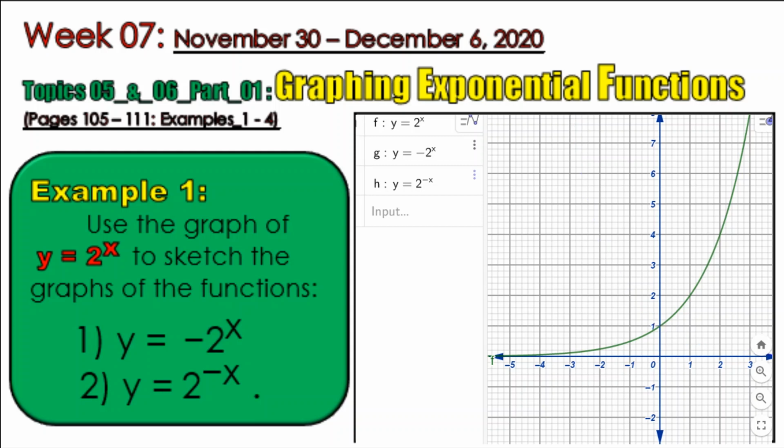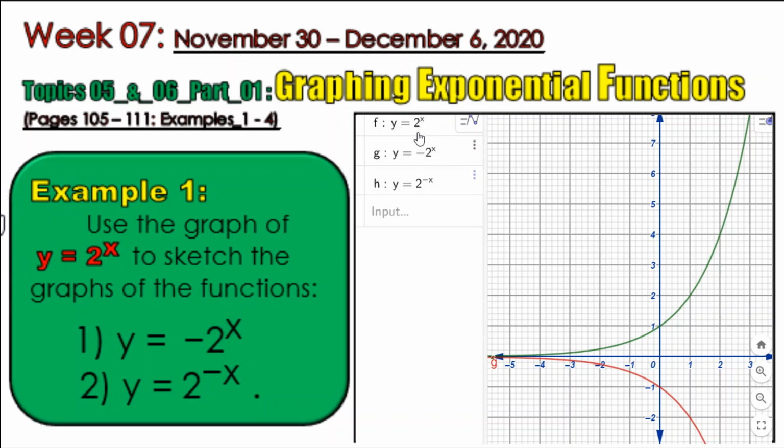So for example number 1, we will be comparing the graphs of the functions y is equal to 2 raised to x and y is equal to negative 2 raised to x. And we have another pair. We will be comparing the graph of the function y is equal to 2 raised to x and y is equal to 2 raised to negative x. Before we proceed, let us start from the first pair of the functions.